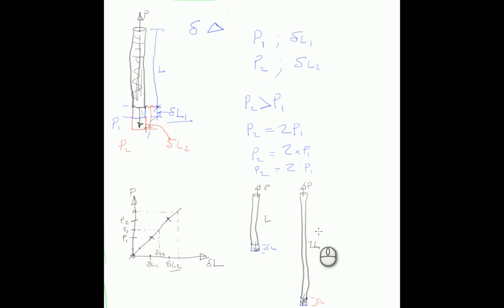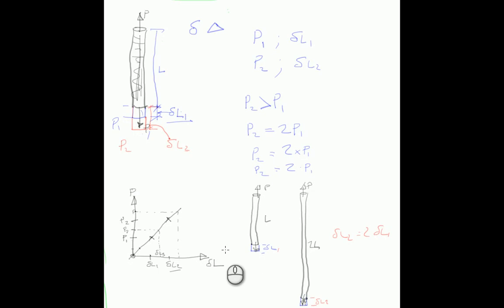If this rod is twice as long, all other things being the same, so that's delta L1 and this is delta L2, we will find that in this case, delta L2 for the same load P is equal to 2 times delta L1. Okay.